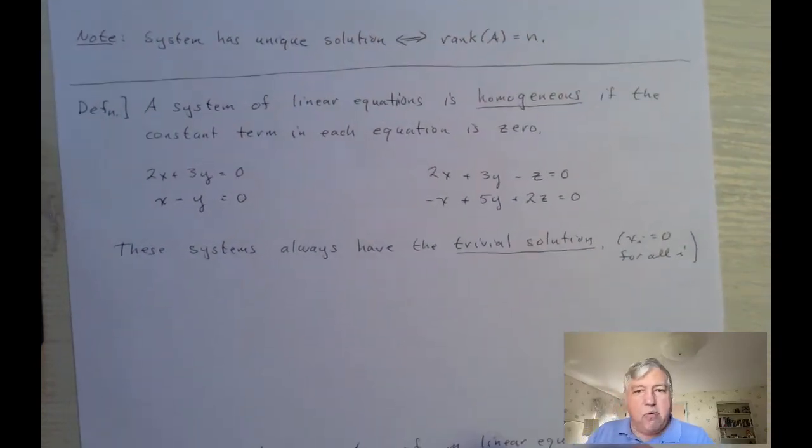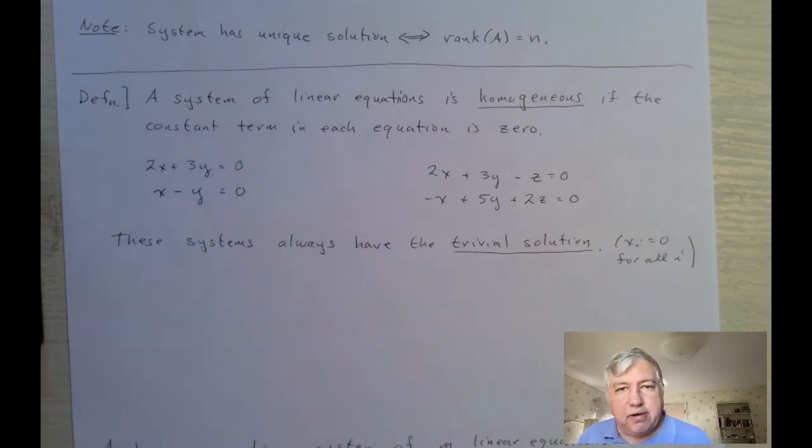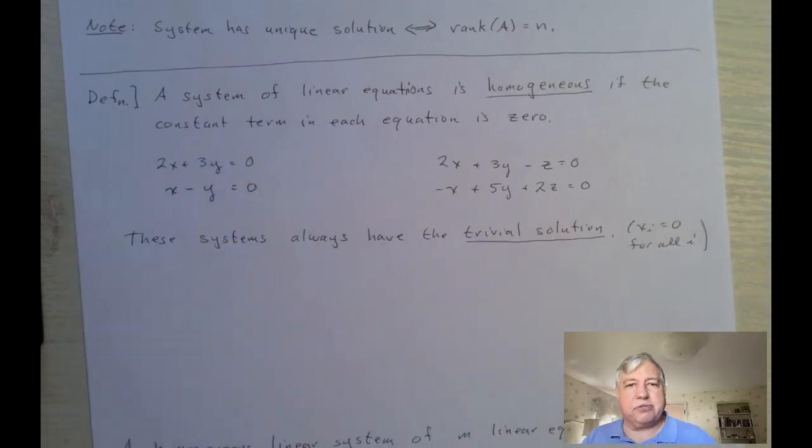Another term you should be aware of is a homogeneous system. We say a system of linear equations is homogeneous if the constant term in each equation is 0. And these are particularly nice because the last column in all your matrices is just 0.